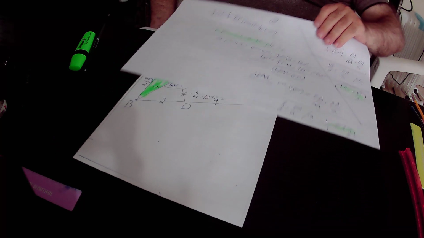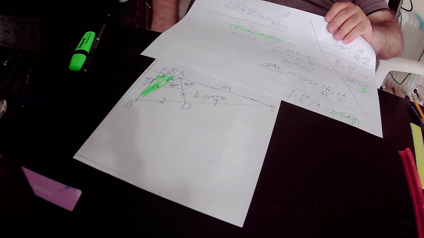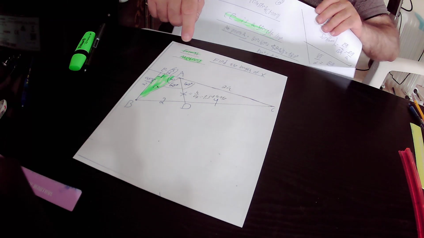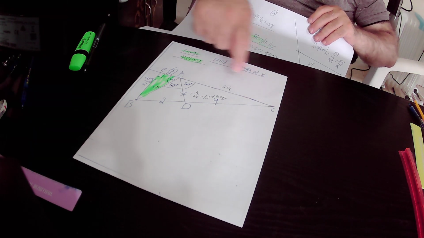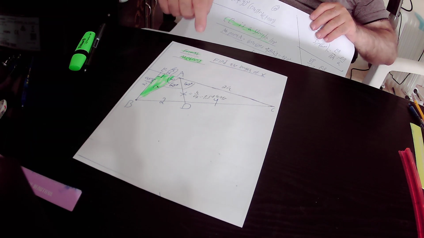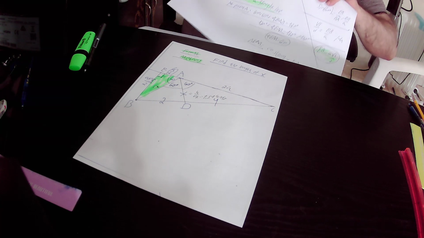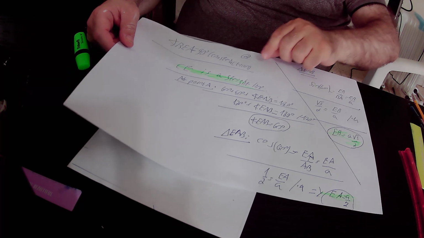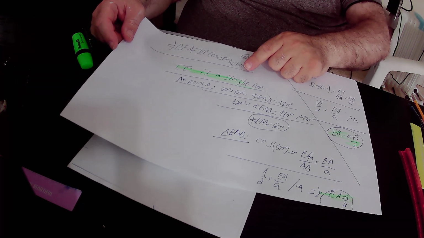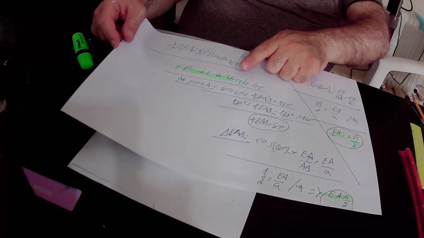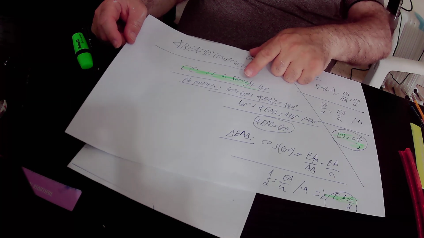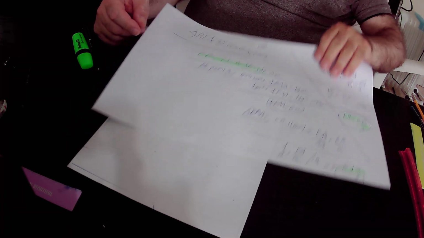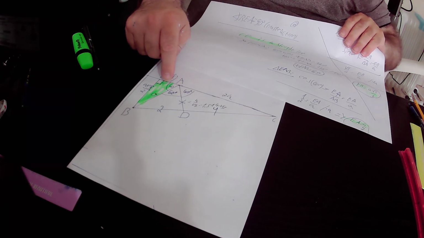If you focus on the lower side of the straight line EC at point A, then the sum of the angles here must be equal to 180 degrees. Which angles do we have on the lower side of line CE at point A? We have 60 degrees plus 60 degrees and angle EAB.